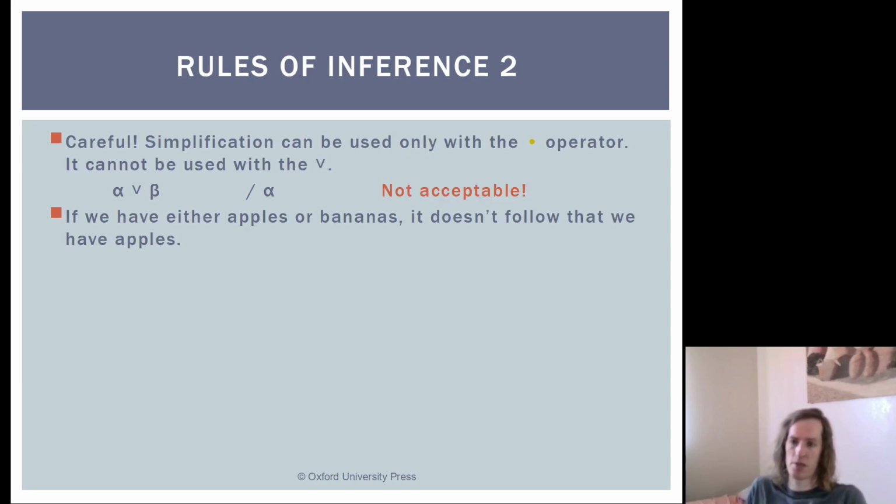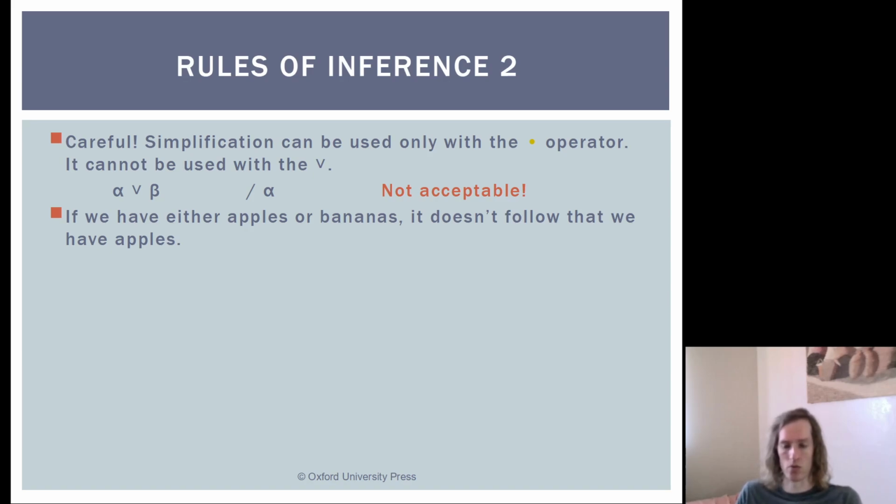So be careful with this. Simplification can only be used with the dot operator. It cannot be used with the vel. If I know that alpha or beta, I can't necessarily conclude alpha from that because I don't know if alpha is the part of the disjunction that's true. It might only be beta that's true. So if we have either apples or bananas, it doesn't follow that we have apples.